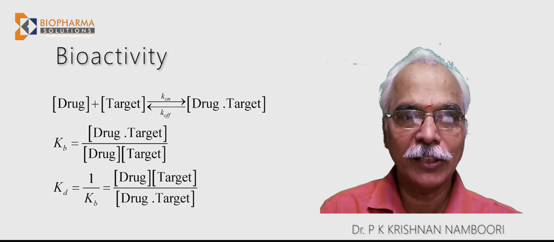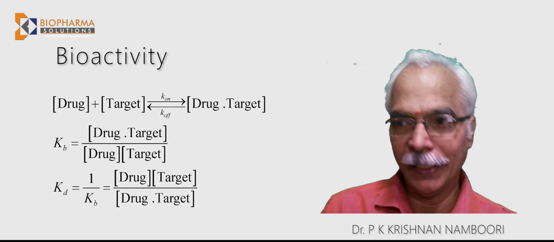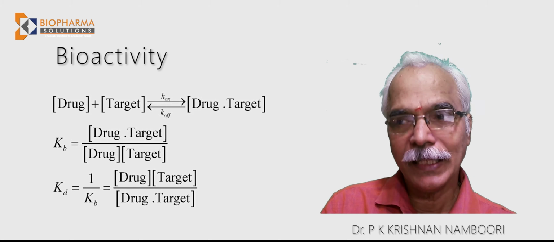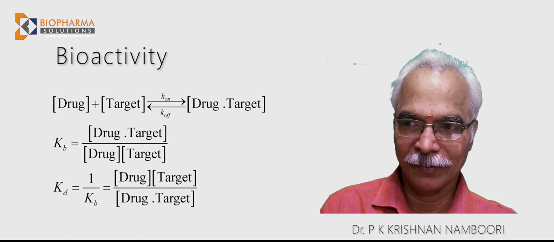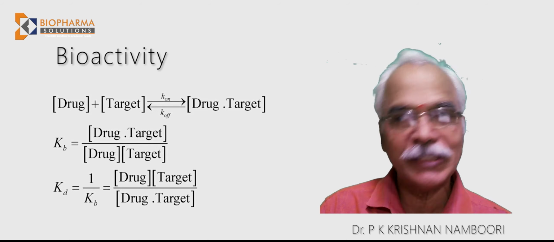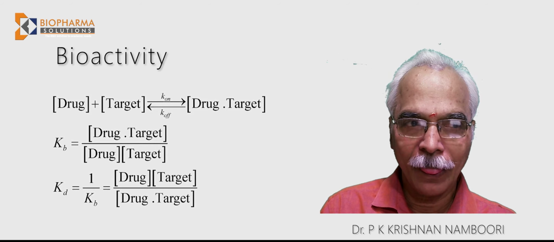Actually, this equilibrium constant is known as the equilibrium constant of binding, Kb. At the same time, the inverse of Kb, 1 by Kb, is its dissociation constant. Theoretically, it is the dissociation constant, right?